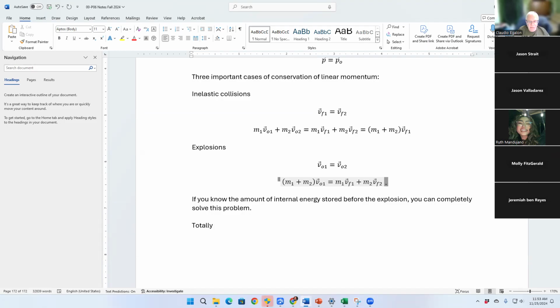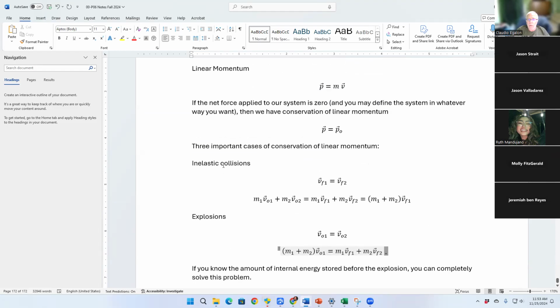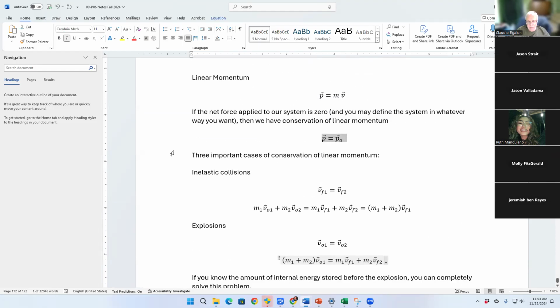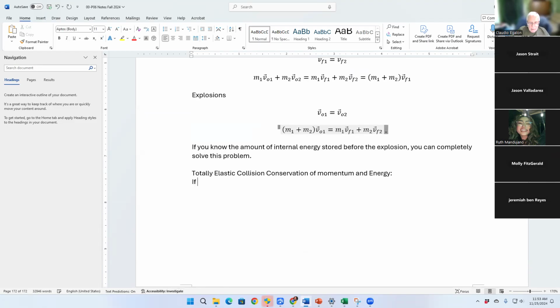Totally elastic, let's see, 7 minutes to go. Totally elastic collision: conservation of momentum and conservation of energy. Okay, it's going to be like that. If the collision occurs in a flat terrain, then there is no change in potential energy.